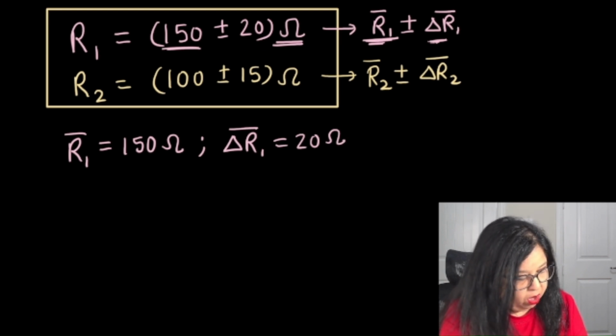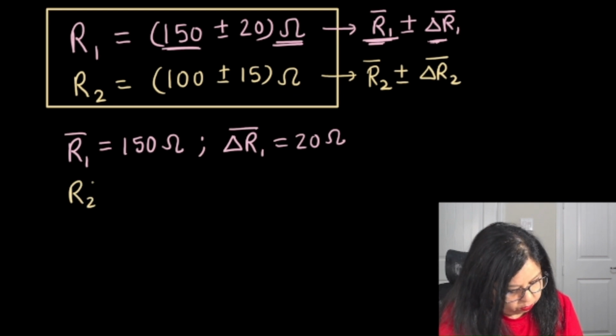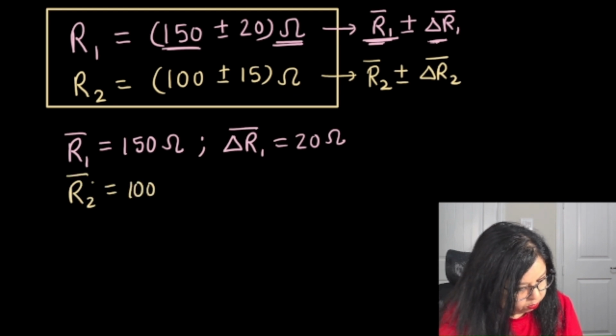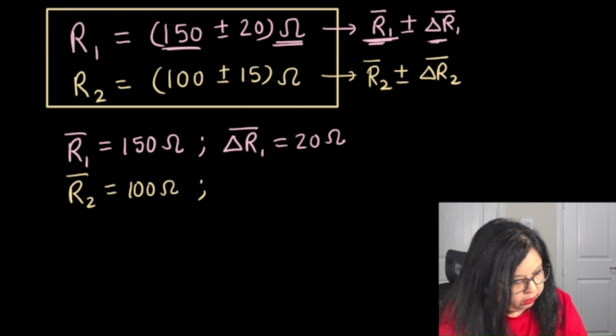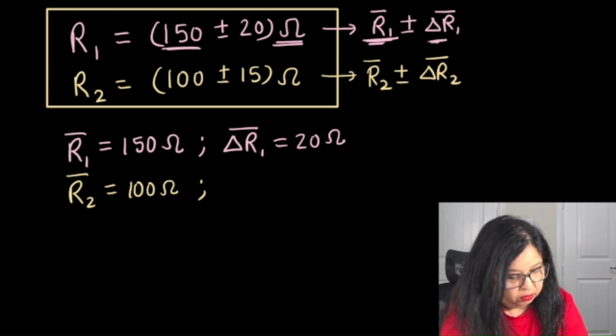Okay, moving on to R2 bar. Here R2 bar equals 100 ohms. And delta R2 bar is equal to 15 ohms.